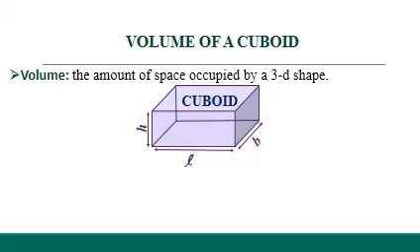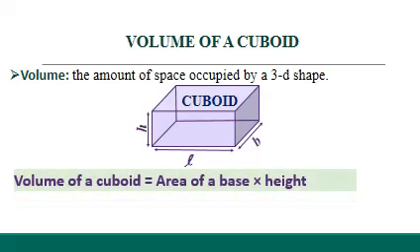As the area of a figure is the product of its two dimensions, in the same way, the volume of a 3D shape is actually the product of its three dimensions. Or we can simply write down the formula like this: volume of a cuboid is equal to area of a base multiplied by height.